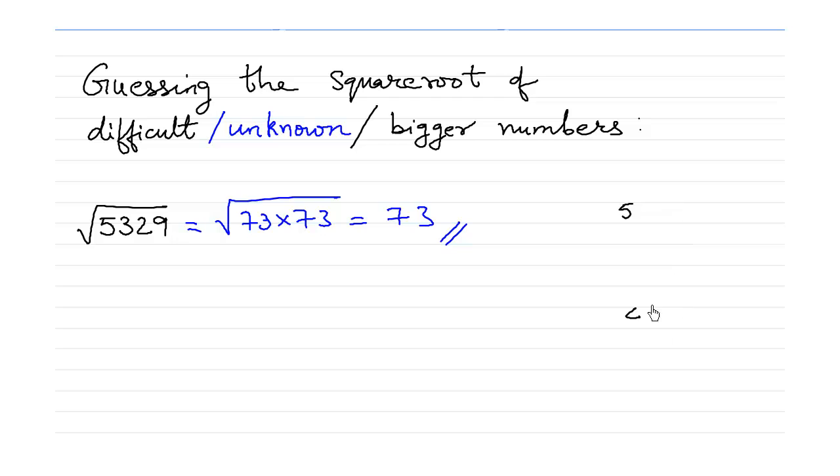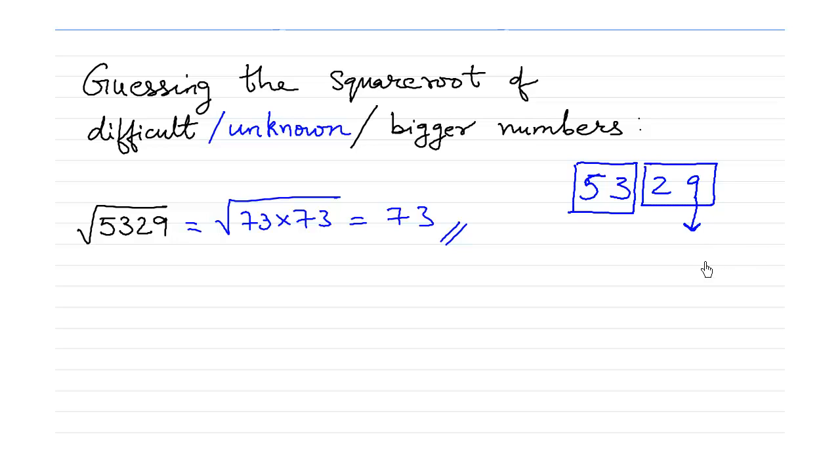Just erase this. The simpler method is that we write 5329 in the corner and then divide it into groups of 2, like this. Now just look at the last digit. The last digit is 9.